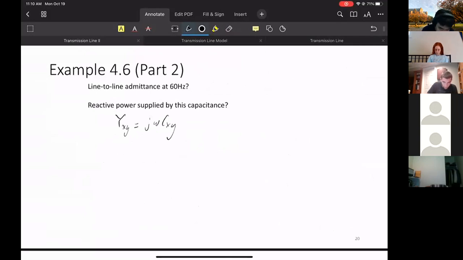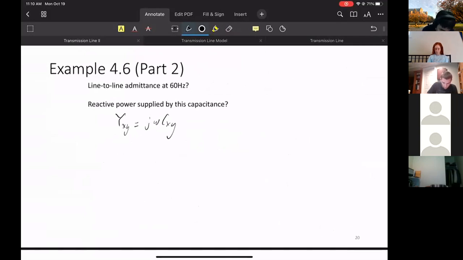So this becomes j 2 pi times 60 times 1.66 times 10 to the minus 7. So this is j 2.27 times 10 to the minus 5 Siemens line to line.